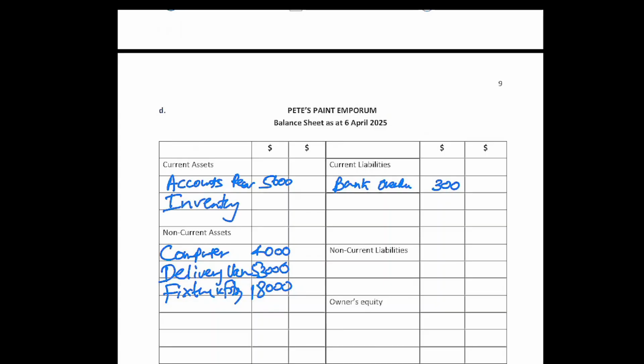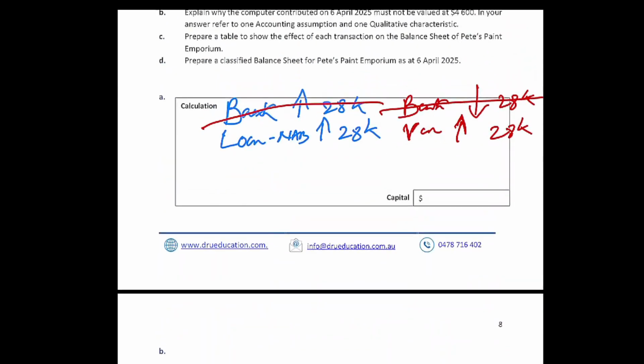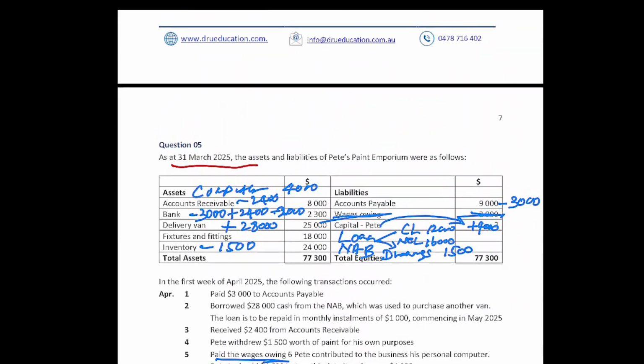Current asset, how much? 22,500, yes? Okay, that's all for the current assets.